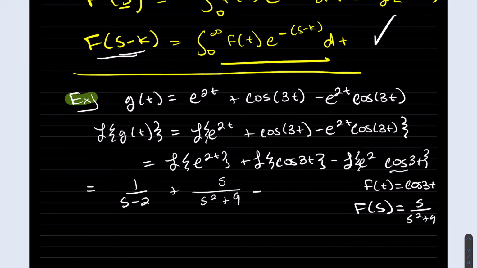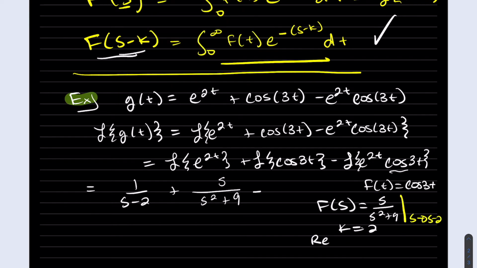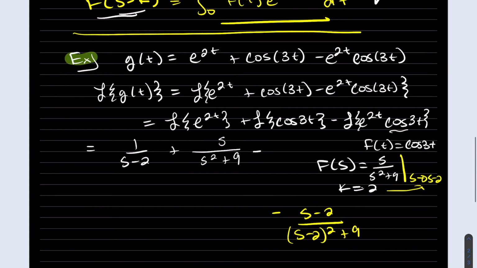The exponent is 2t, so k is equal to 2. So we replace s with s minus 2. And we get, I just copy the rest.